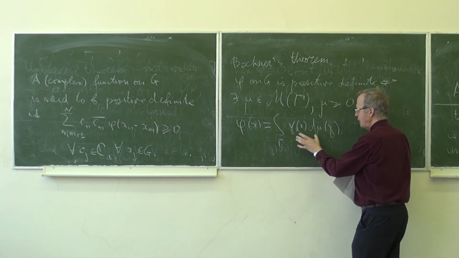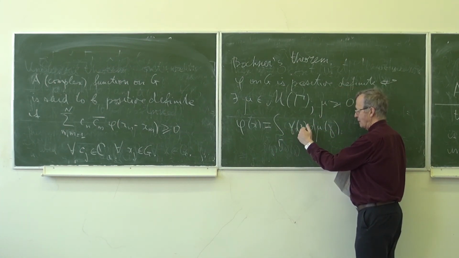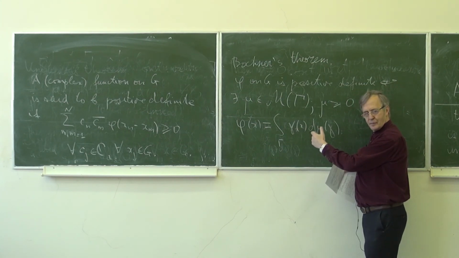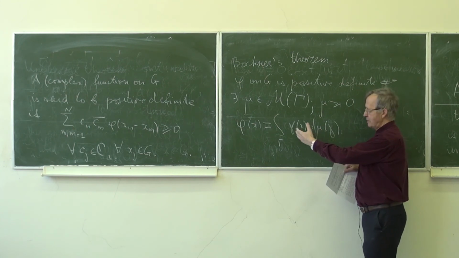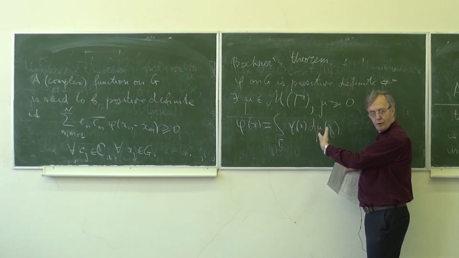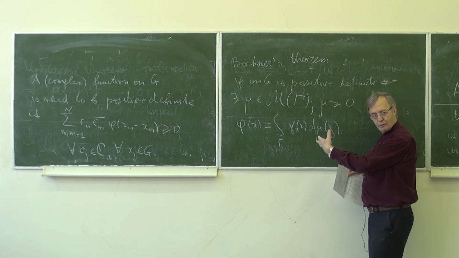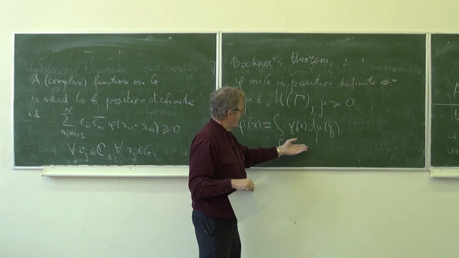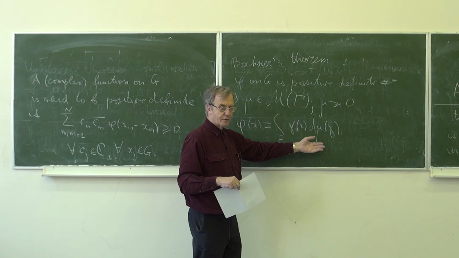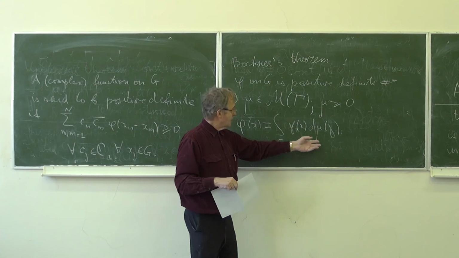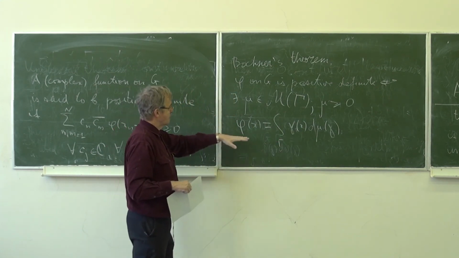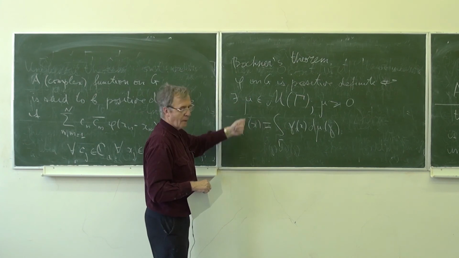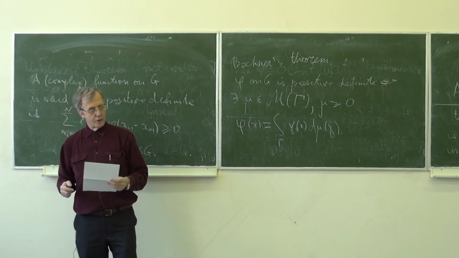Again, if we knew that G is the dual group of gamma, if we knew that all characters of gamma are precisely the points of G, then this will be near the Fourier transform of mu. Right now we don't know about the relationship of G and gamma, but still we can write this formula, and this is very similar to the definition of the Fourier transform on the group G. And it turns out that this is precisely the form of all positive definite functions on our initial group.